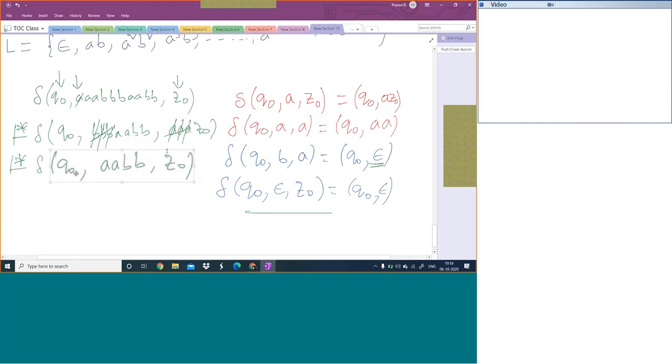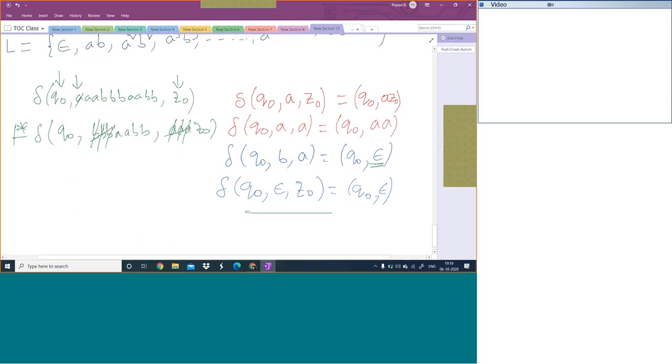I repeat, guys, the mistake is that when you are pushing the A's and popping the A's, the machine is coming to the initial position. So we have to avoid the machine coming to the initial position again. Then the problem will be solved.